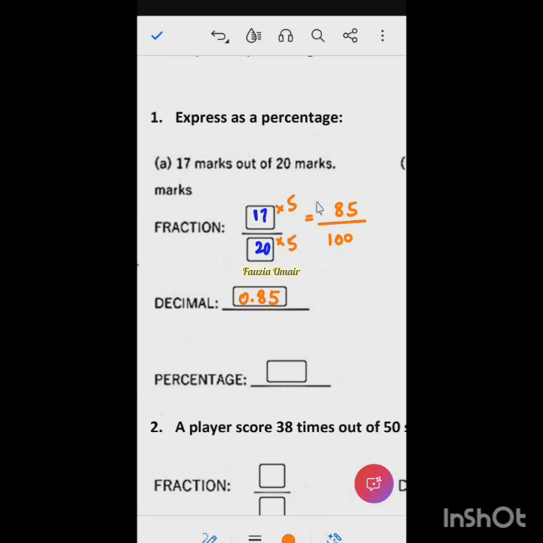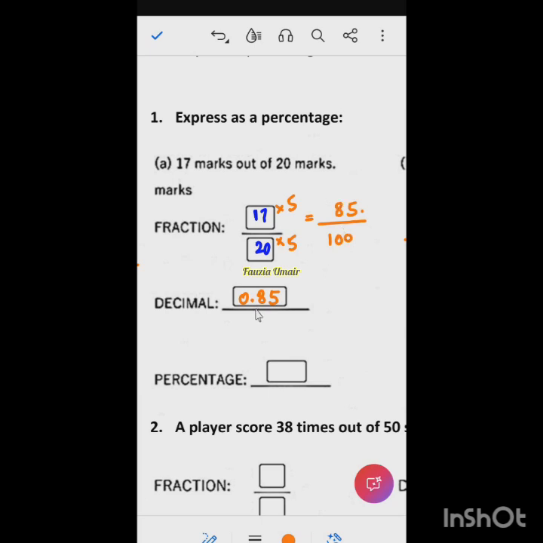But usually when there are numbers like 5, 10, 20, 25, 4 in the denominator, what do we do? We multiply it so that the denominator becomes 10, 100 or 1000, right? So 100 in the denominator means that I can just take this decimal 2 steps backward.